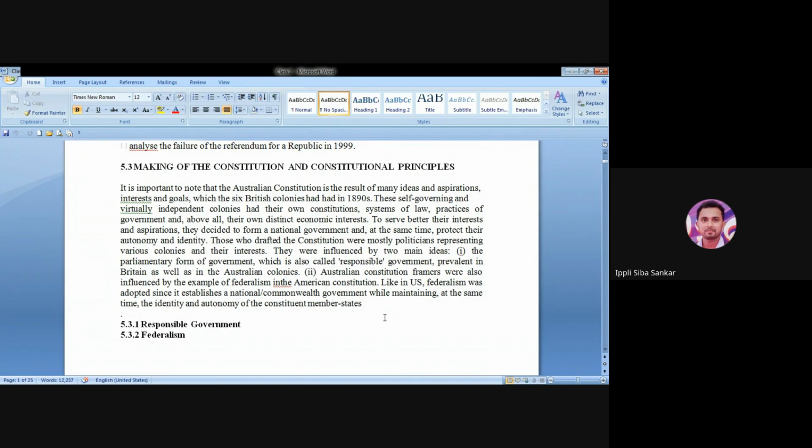Just to remember, in the 1890s there were six British colonies.